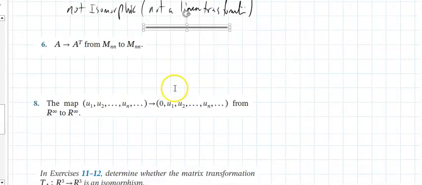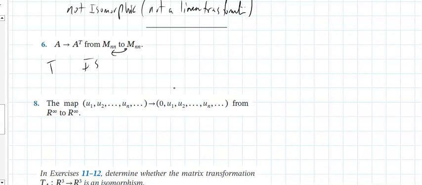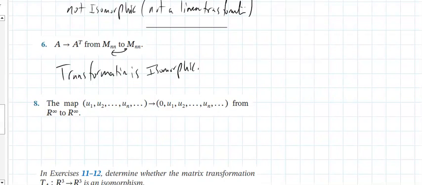Now A to its transpose, okay, that is one-to-one and that is onto. So yeah, this is isomorphic. Is this transformation isomorphic, or is it an isomorphism?